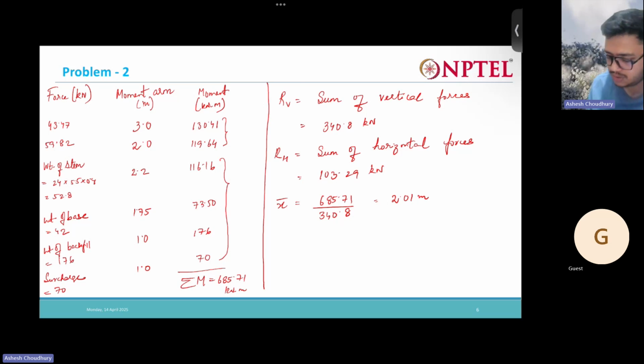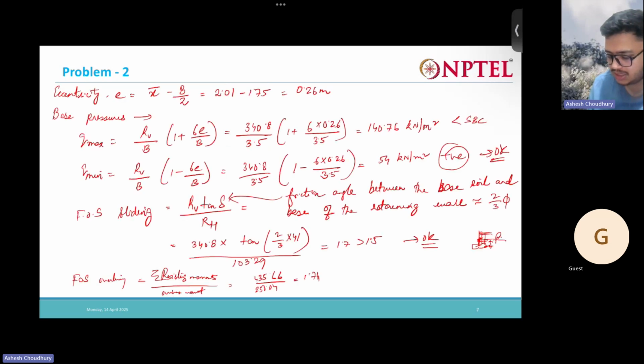We'll see that it is less than your bearing capacity. Okay, so try to do this by yourselves, think about what you're doing, and check if you're able to do it.